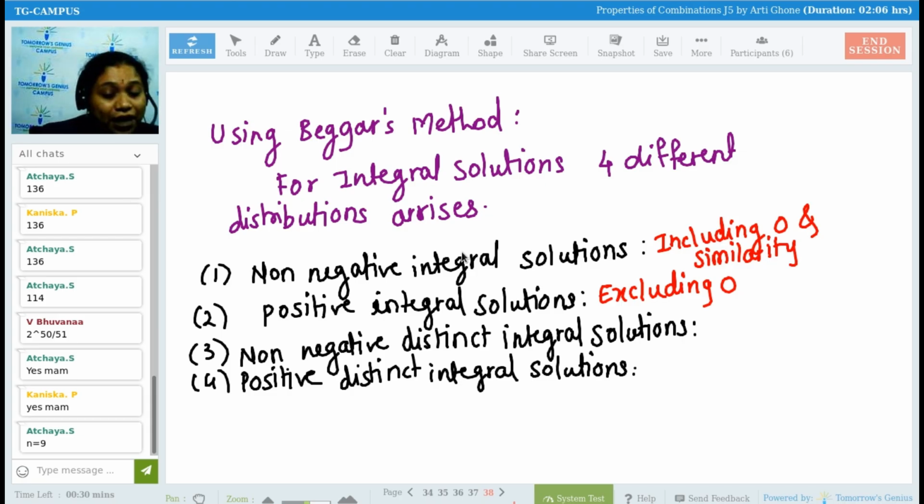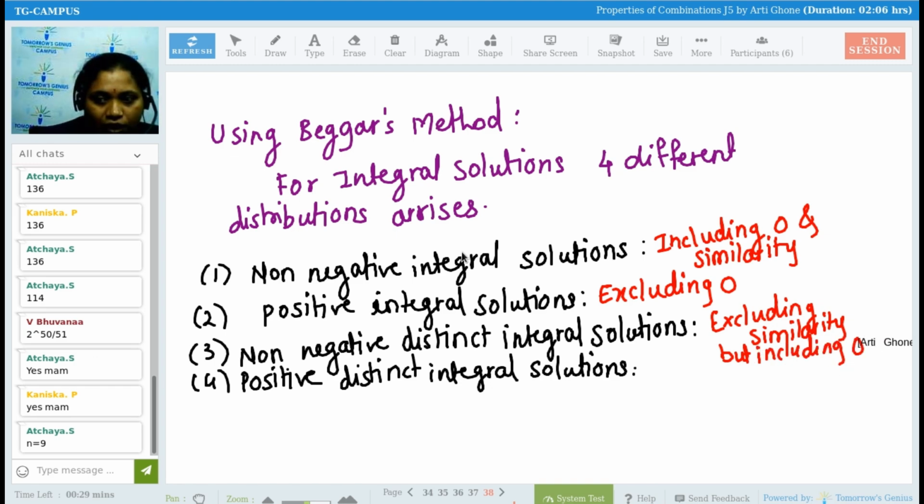Clear? Non-negative distinct integral solutions के अंदर क्या है? Excluding similarity but including zero. Excluding similarity but including zero is the non-negative distinct integral case. These cases arise with the non-negative distinct integral solutions.